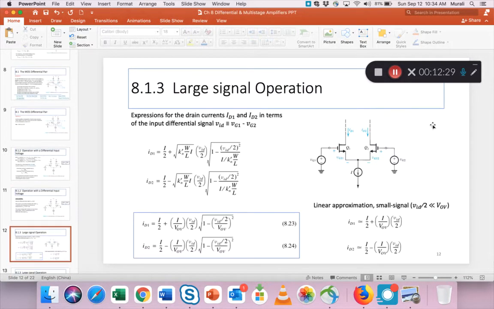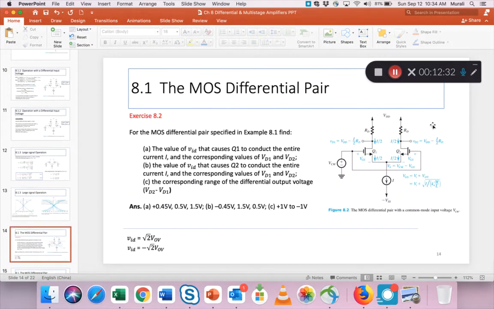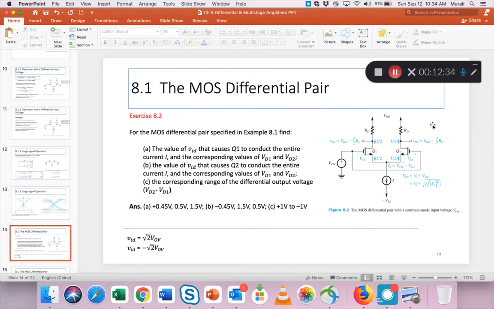Let's move on to slide 8.2, slide 14, where we are again looking at another exercise, again dealing with the same differential pair of example 8.1. Here we are being asked to discover what input value of this VCM.